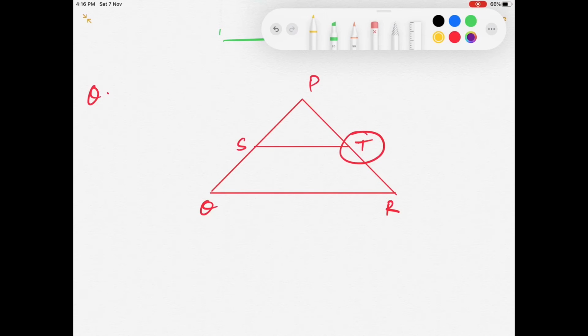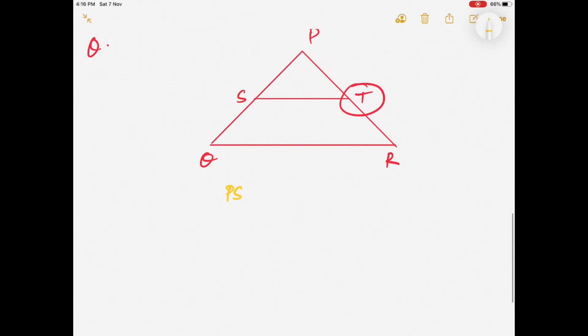So now the question is saying PS by SQ is equal to PT by TR. It means that this line is intersecting this triangle and dividing the sides in the same ratio or same proportion.